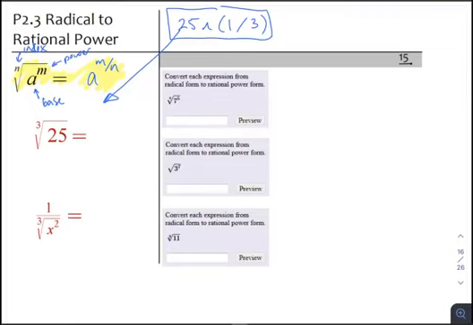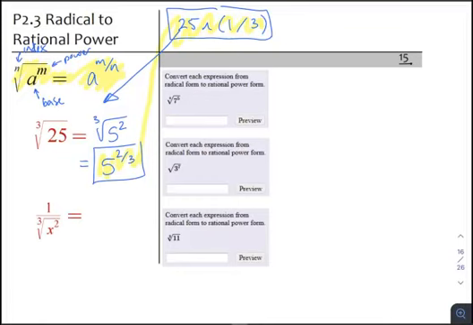So the preference is to think of this first as the cube root of 5 squared, and then as the rational power 5 to the power of 2 divided by the index of 3. This would be the preferred method, although both of these are exactly the same. This and this represent the exact same thing.